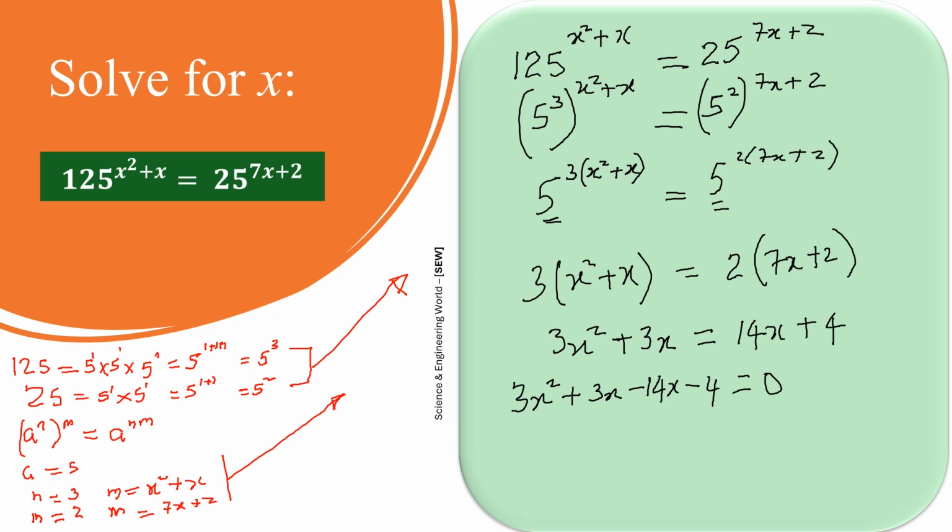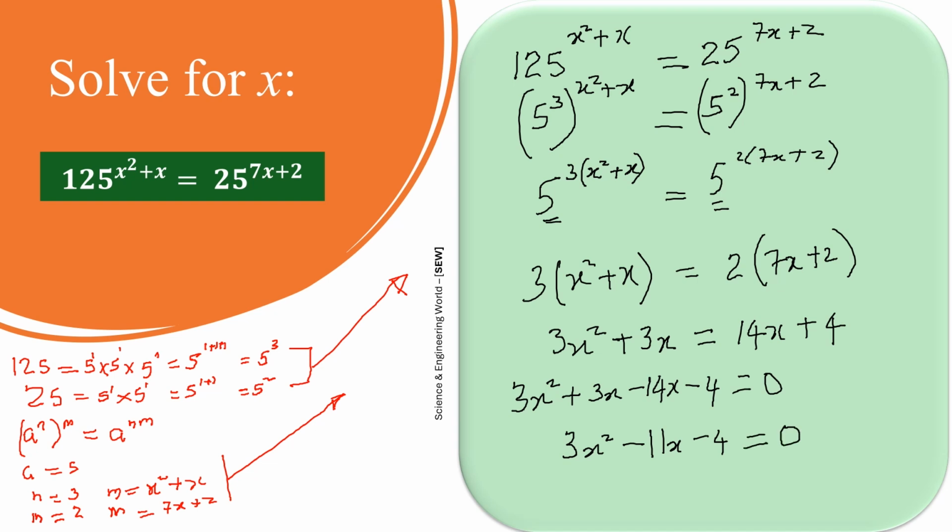We have 3x and 14x, so we can add them together: 3x squared, 3 minus 14 is minus 11, so that is minus 11x, and then minus 4 equals 0.